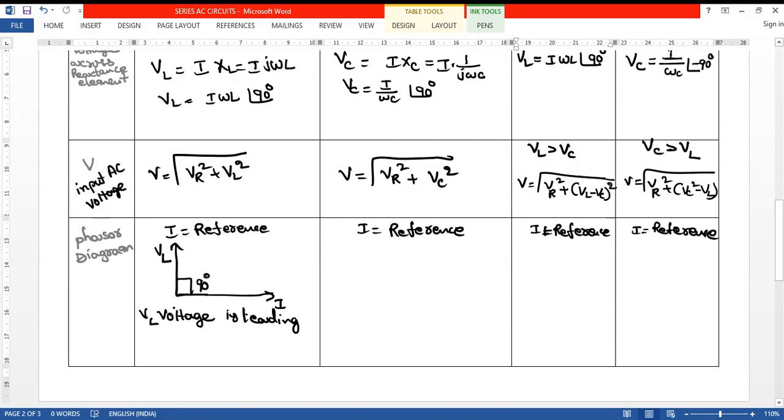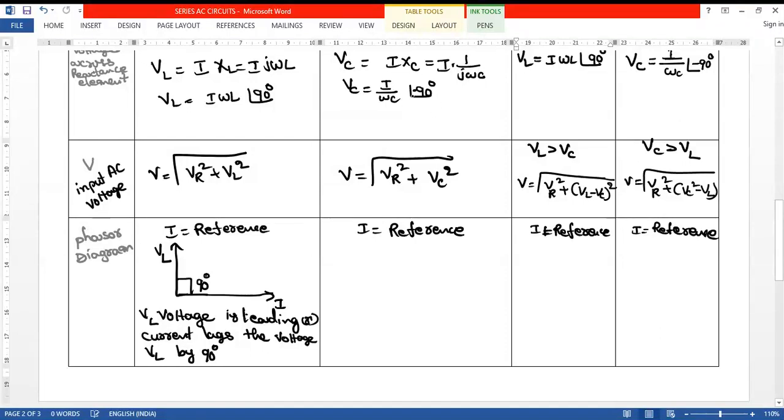Or we can say current lags the voltage VL by 90 degrees.